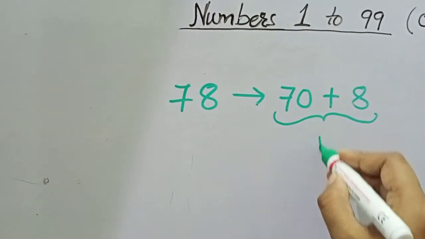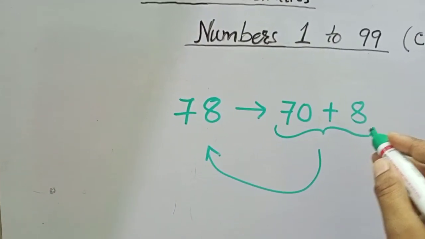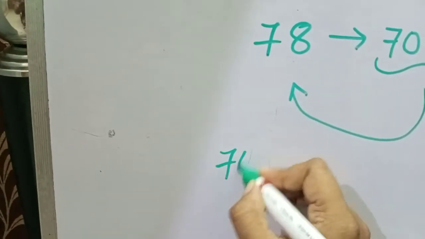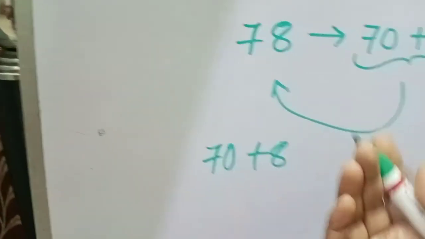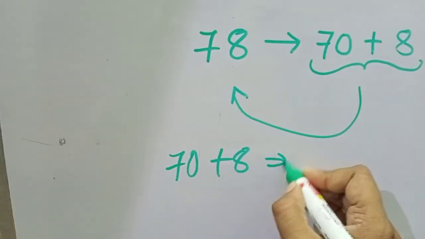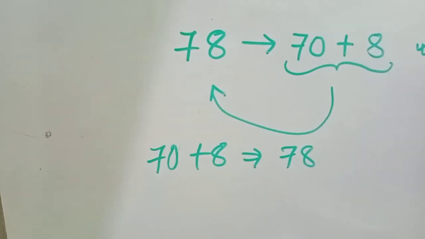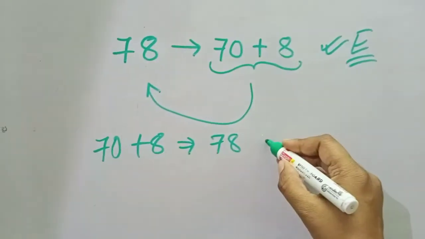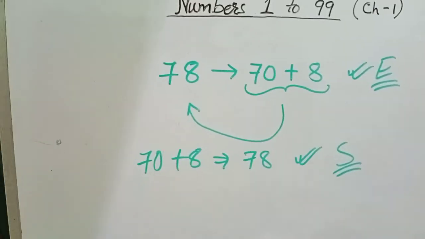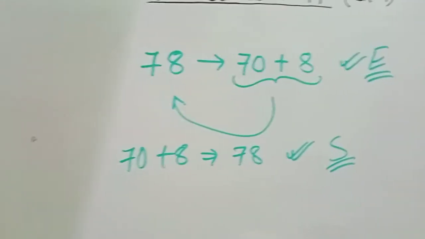And again in the reverse way, if I give you 70 plus 8, what will be the short form of 70 plus 8? That becomes 78. So this is the expanded form, and this is the short form. This is how we write the expanded form and the short form. I will go a little fast.